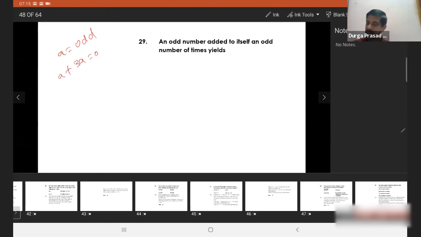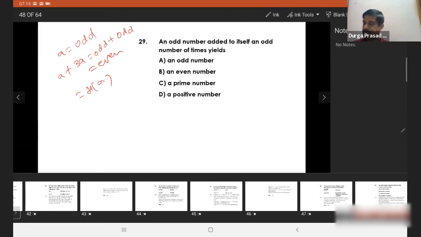So this is odd plus odd. That is even. Okay? Or otherwise, 4 times something, 4A you'll get, isn't it? So A is an odd number. Yields an odd number, he says. No. We are getting even.